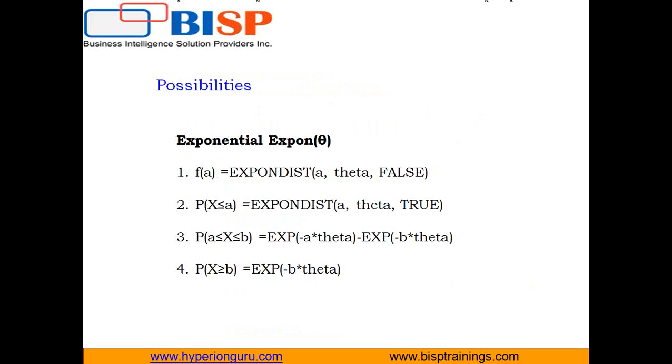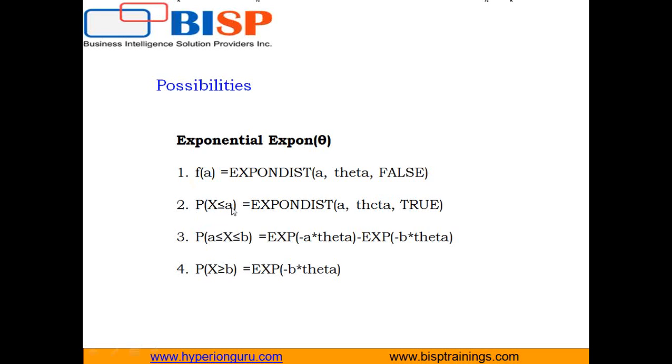There are four possible ways to calculate exponential distribution in Excel. First one is the simple case, when we have been given any value a and we have to calculate its exponential distribution, then we just pass the value a, the lambda value, and cumulative will be false to calculate the probability density function.